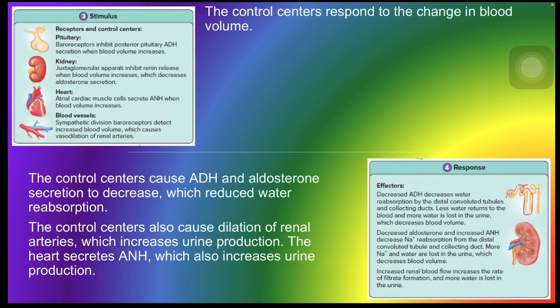In stage 4, the control centers cause ADH and aldosterone secretion to decrease, which reduces water reabsorption. The control centers also cause dilation of renal arteries, which increases urine production. The heart secretes ANH, which also increases urine production. And in stage 4, the organs respond to the change, thus causing this process.